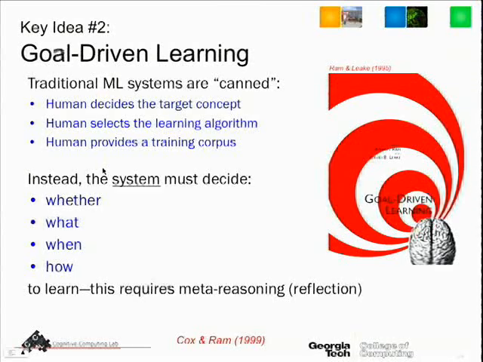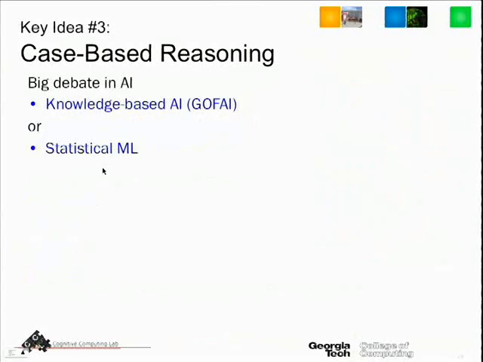There's too much to learn everything. What should it focus attention on? When should it learn? What kinds of algorithms to use? And this requires meta-reasoning or reflection. This requires the system to think about and look at its own traces and figure out what went wrong, what it needs to improve. And there's a book that I've edited with David Leake, which is a collection of papers on this topic.